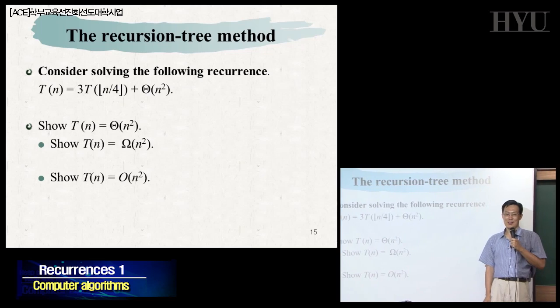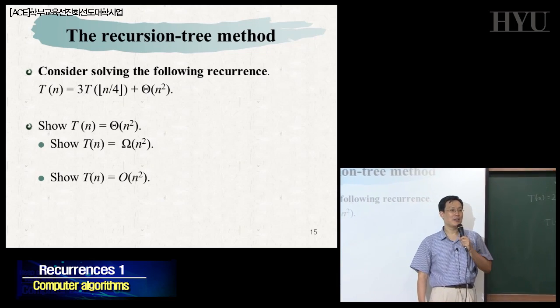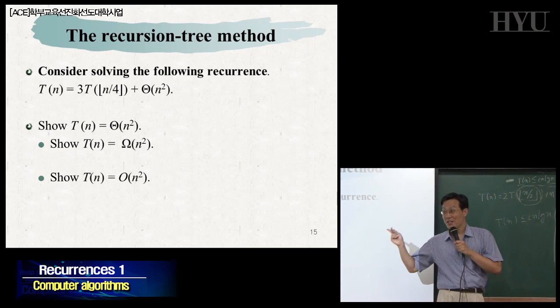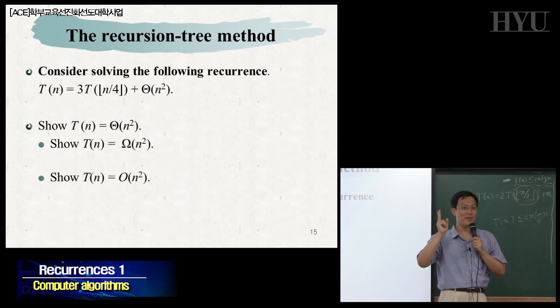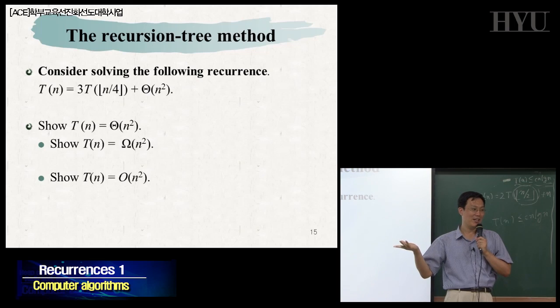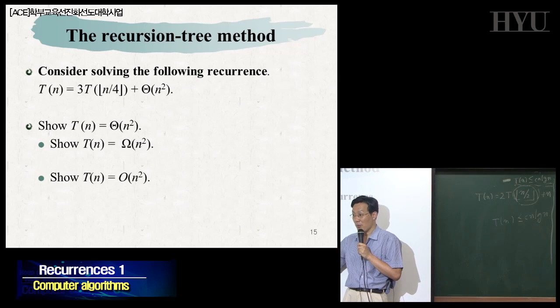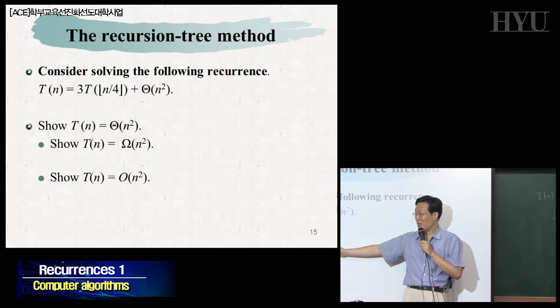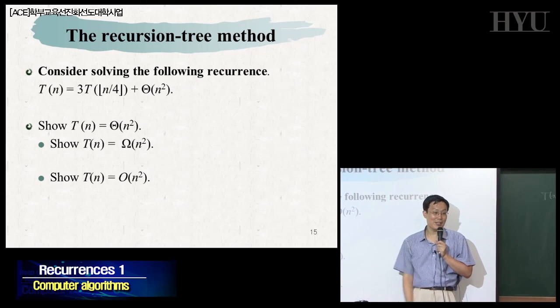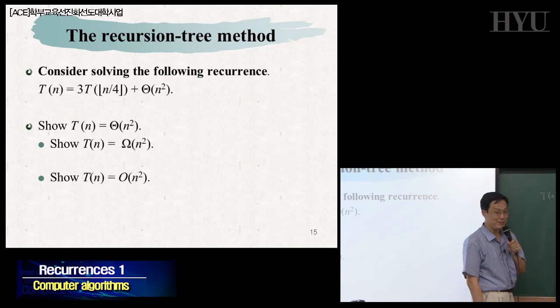Bigger. The degree of T of n is at least 2 in this case. 2, 3, 4, something else. Or 2.1, 2.2, anything. So if we show that T is omega of n squared and big O of n squared, it is to show that T of n is theta of n squared.